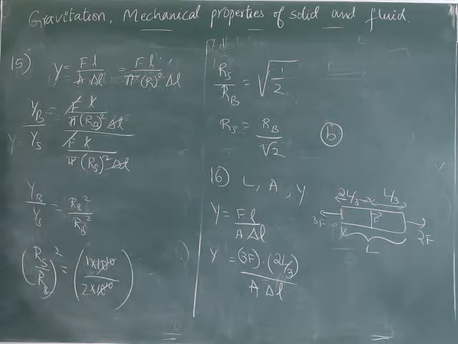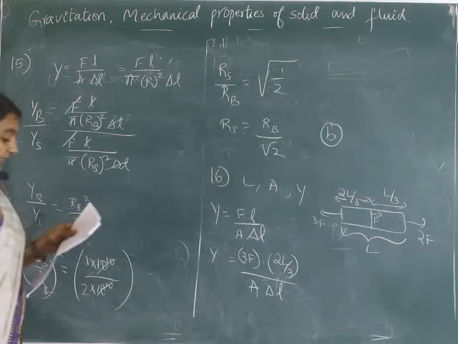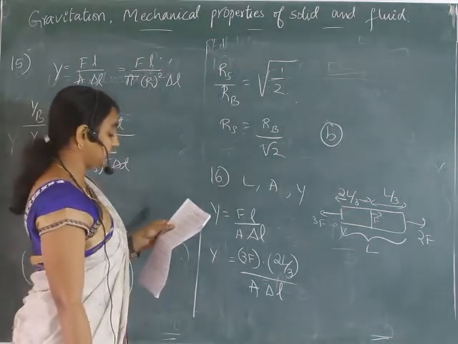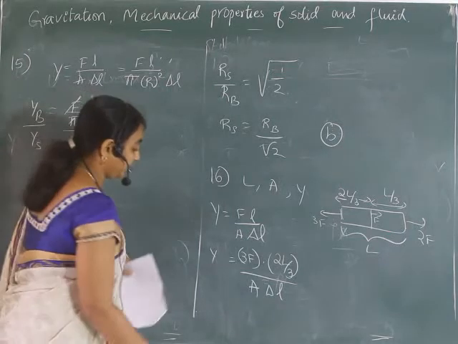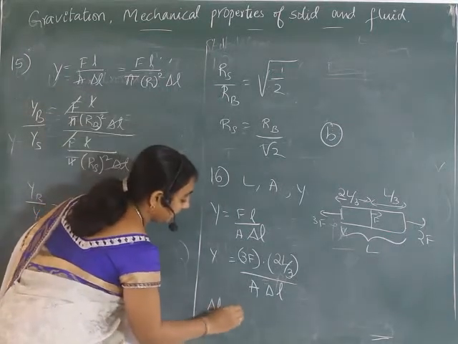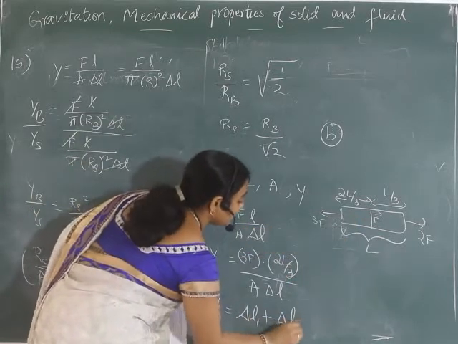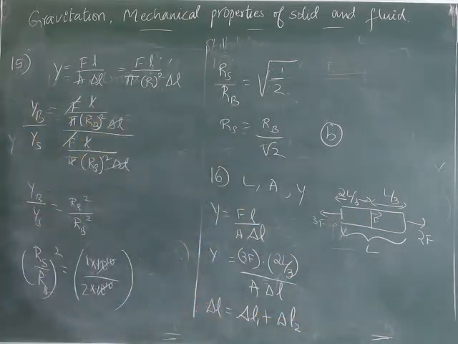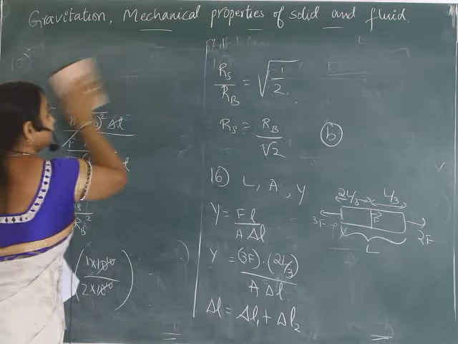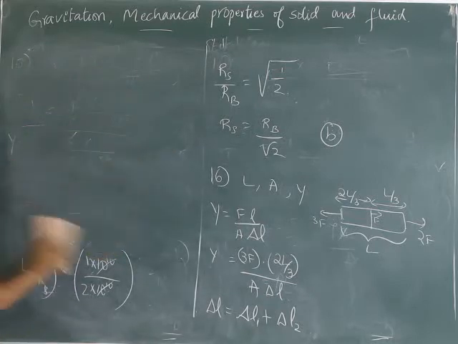We want to calculate what? Extension or elongation, correct? So I have to calculate delta L. Elongation in the first one, elongation in the second one. Total elongation I have to calculate. So use this and calculate. How can we calculate? Help me.